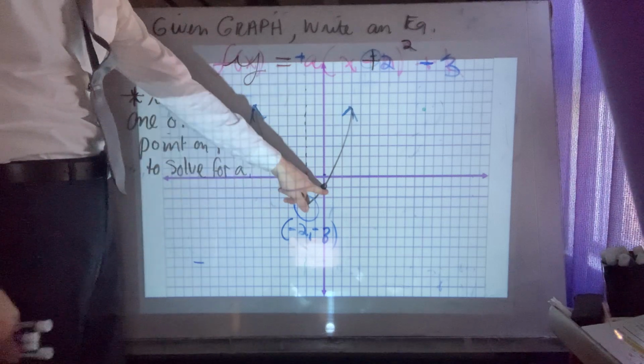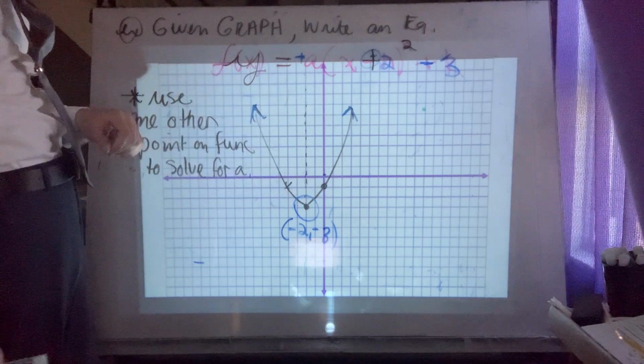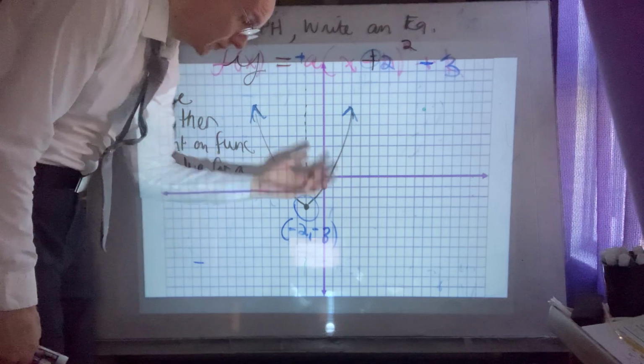All right, I put this at the Y-intercept here. All right, Y-intercept is a very convenient one.